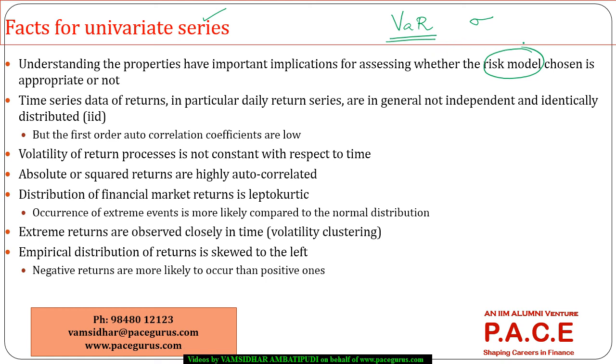Whatever the various risk models that I am choosing, whether they are appropriate for this data or not, I can really make a conclusion only if I understand the properties of that data. So having a good understanding of the various properties of the data is very essential for me, right?